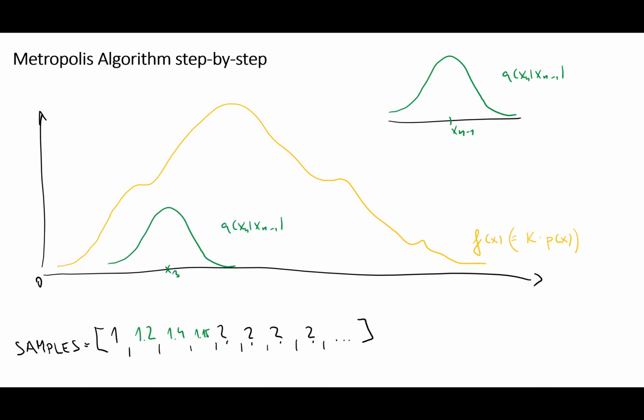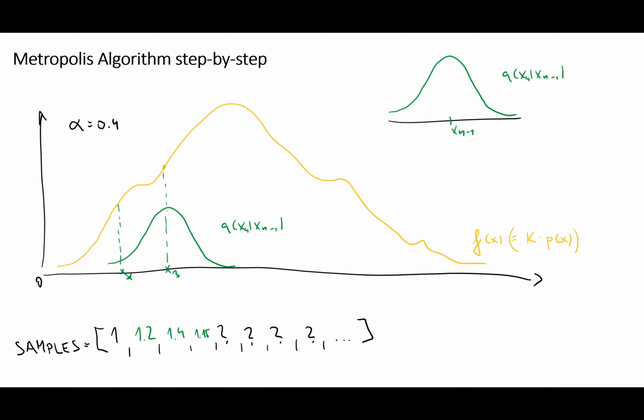And we will do the same thing again. So again, build a proposal, propose the new sample, and again compare the values. And now we will see that the fraction gives us quite a low number, 0.4. And now we will play the Russian roulette of smart move again. And now we actually have quite a low probability to move there, so it's just 40%.